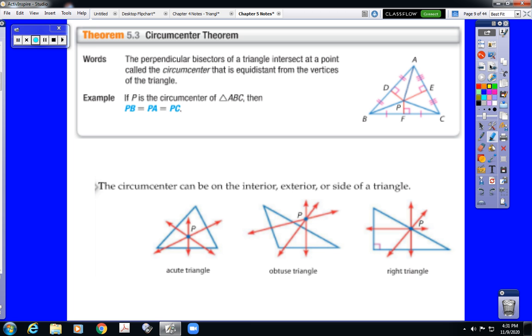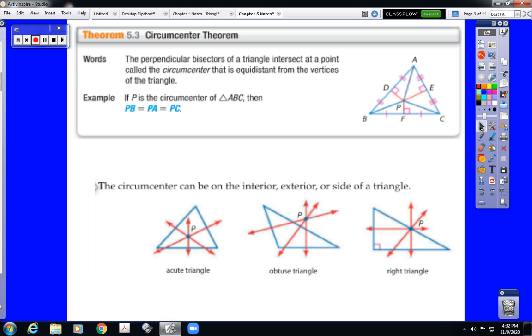If your triangle is acute, then the circumcenter will be inside of the triangle. If your triangle is obtuse, then the circumcenter will actually be on the outside or exterior of the triangle. And if your triangle is a right triangle, then your circumcenter will be at the midpoint of the hypotenuse every single time. So that's just an interesting little fact, something to keep in mind.